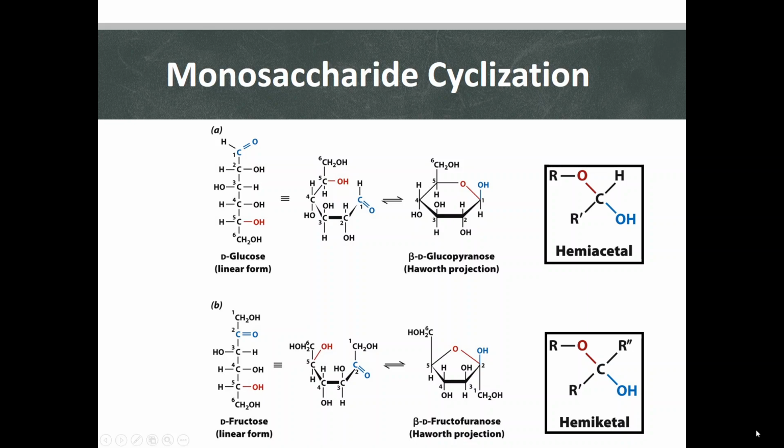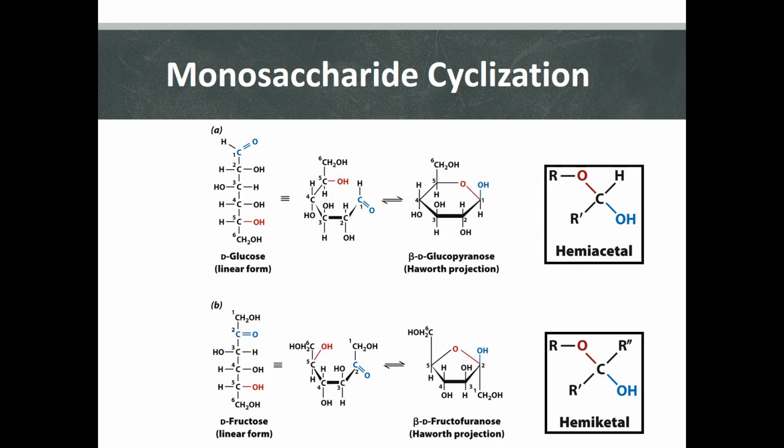So you're going to see momentarily that the sugars can exist in both the linear open chain form as well as the closed ring form, and that the conversion between the two is readily reversible. So you have the double arrow structure shown here, ring closure, ring opening. This occurs in a constant back and forth.